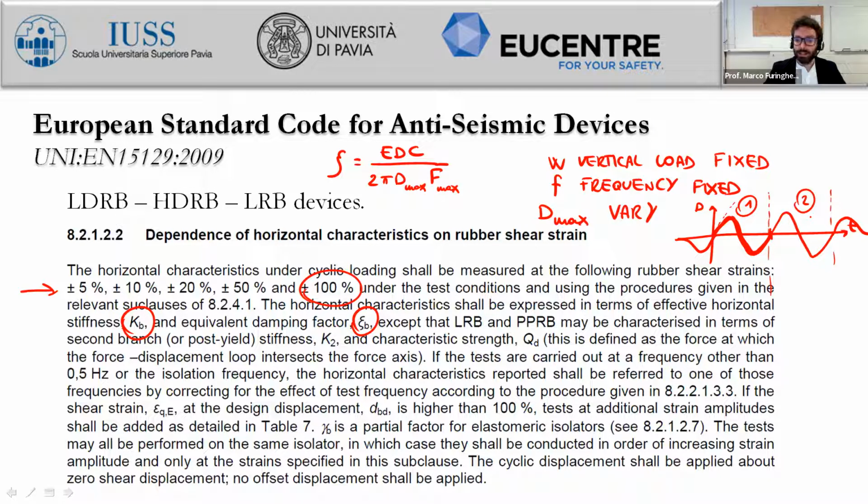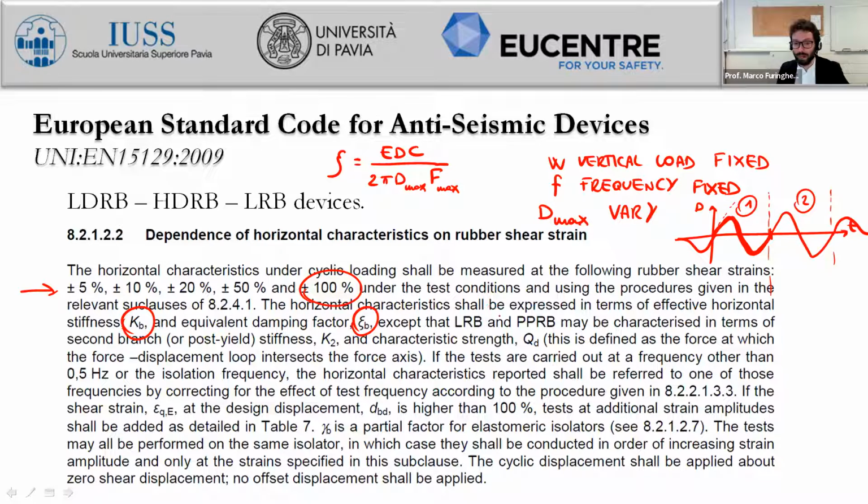Then, this paragraph also rules the characteristics for lead rubber bearings, so the rubber bearings with the lead core. I just finish this aspect, and then I will answer the question. Just a second, because it is important. Now I was mentioning the effective stiffness and the damping, but this is generally for rubber bearings.